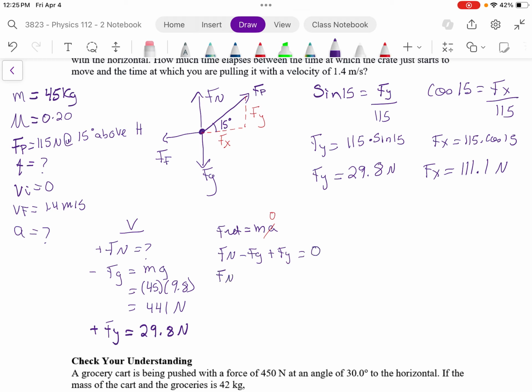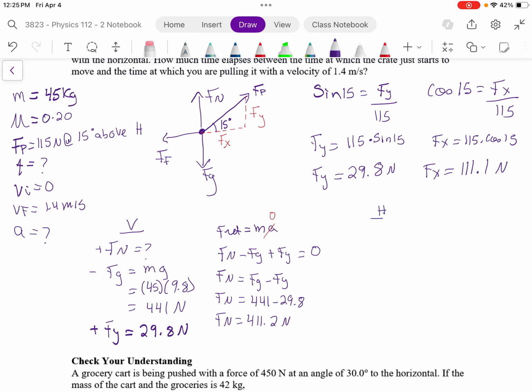So Fn is equal to Fg minus Fy when we bring it to the other side of the equation. Fn is equal to 441 minus 29.8, so Fn is equal to 411.2 newtons.